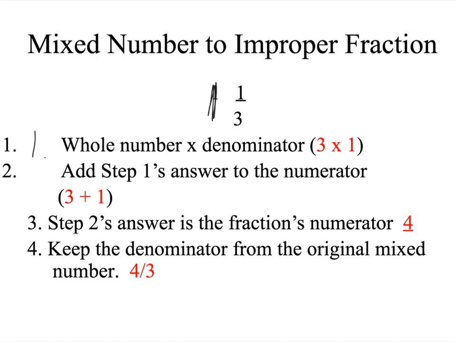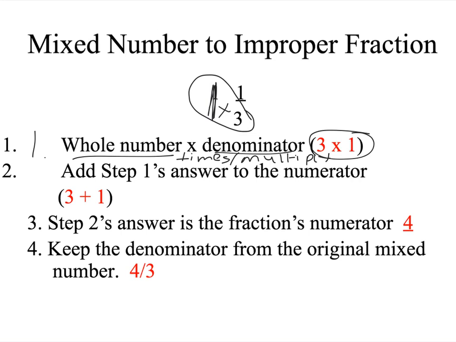The first step is you take the whole number and multiply it, times the denominator. So I'm talking about 3 times 1, and 3 times 1 is 3.